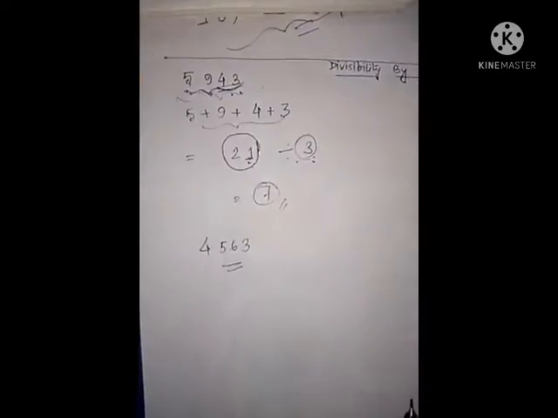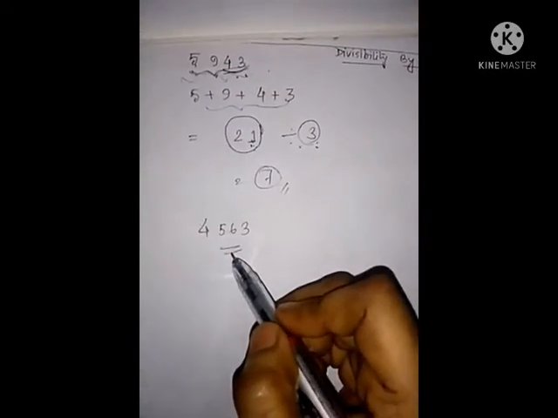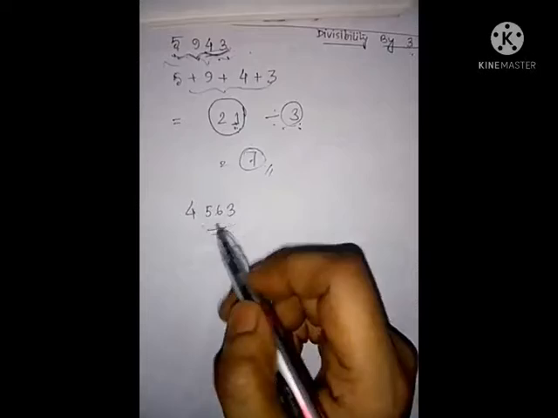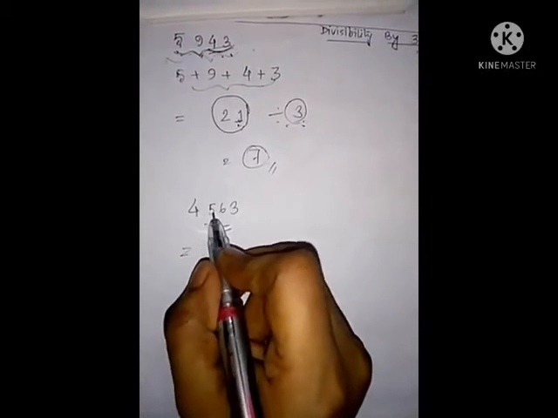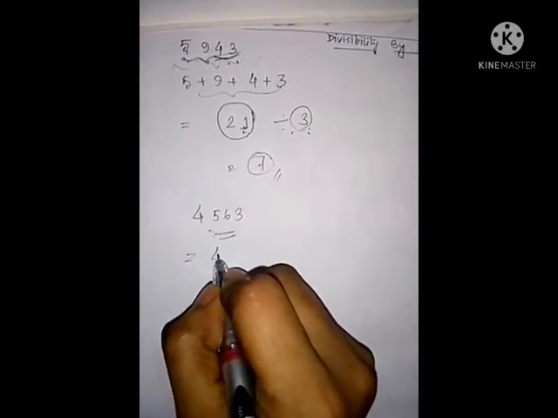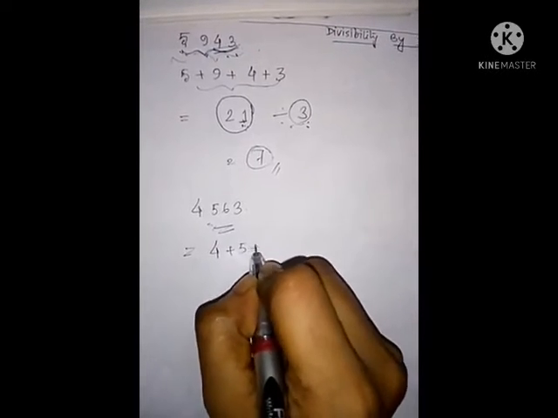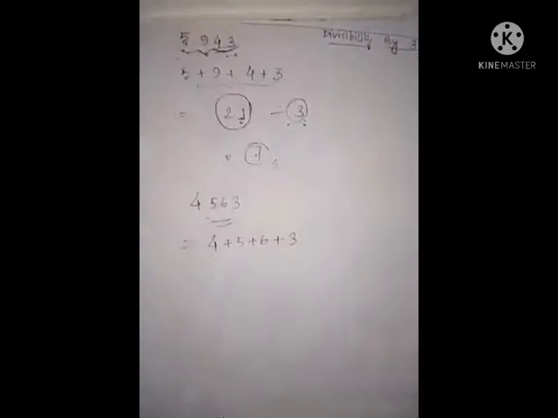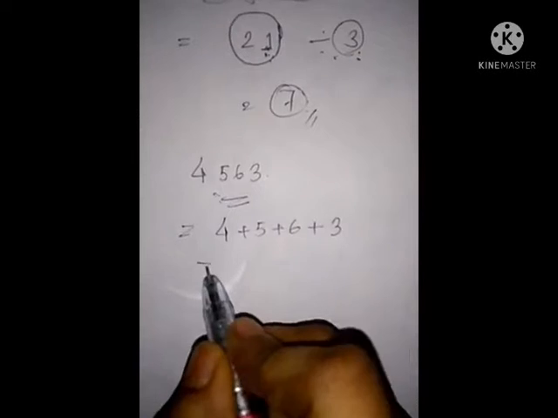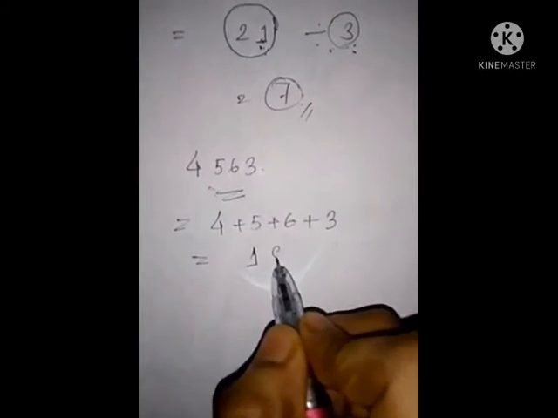Now see another example, 4563. How can we check whether this is divisible by 3 or not? Again, we have to find the sum of each digit of this number. So the answer is 18.